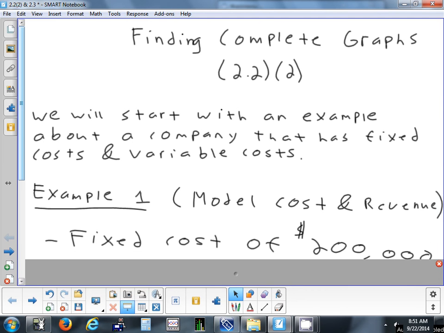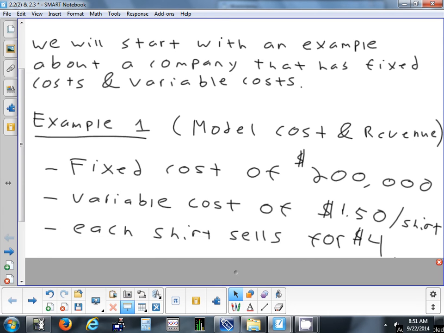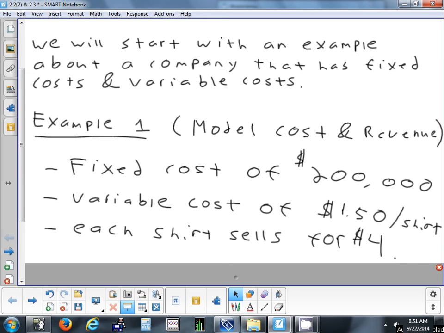Okay, so this particular company has a fixed cost of $200,000. That could include all the money for the employees, the salaries, things like that. But there's a variable cost of $1.50 per shirt. This is the cost for the company to make the shirt, $1.50 for every shirt, but then they're going to sell each shirt for $4.